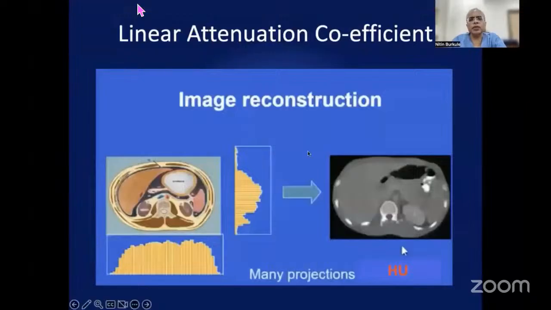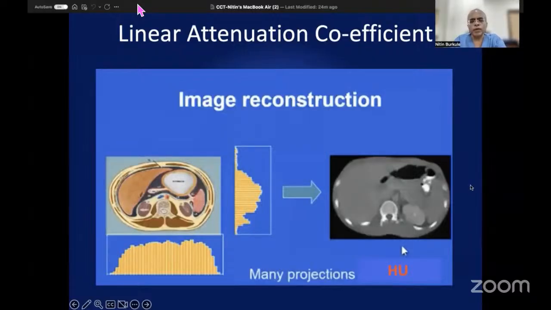So when you are constructing an image, you are going to take account of all these projection data when the gantry moves around the patient's body. So this projection and the attenuation data that you get is measured in Hounsfield units. This Hounsfield unit is the surrogate for the linear attenuation coefficient.